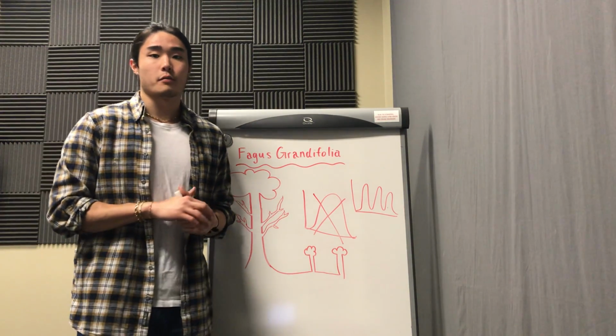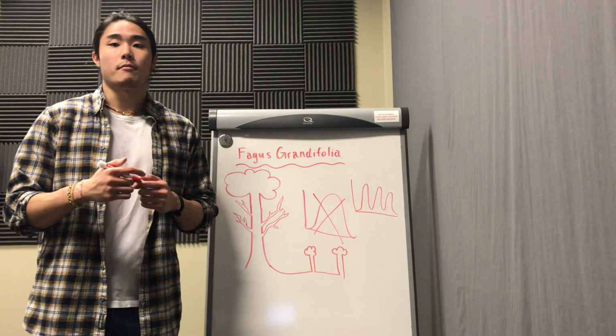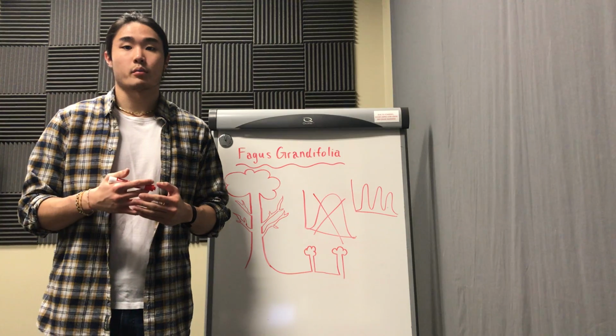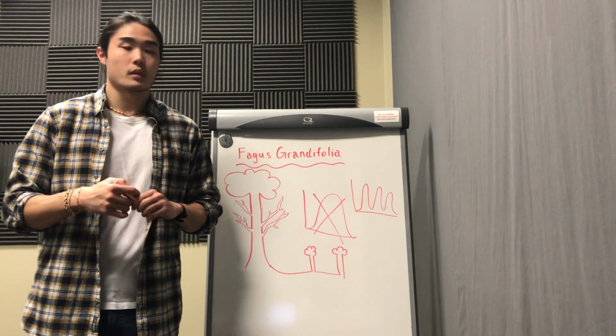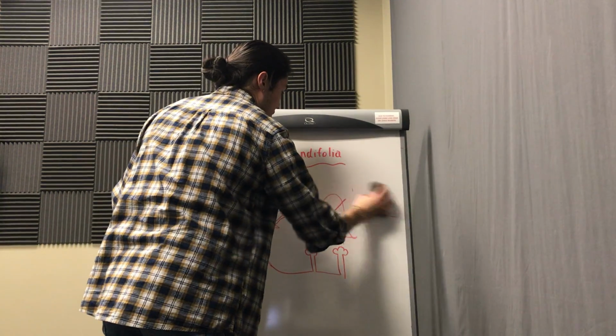So the Fagus grandifolia is cross-pollinated by the wind, and when the female fertile flowers mature, they are replaced by nuts with prickly husks. So it kind of almost looks like this.